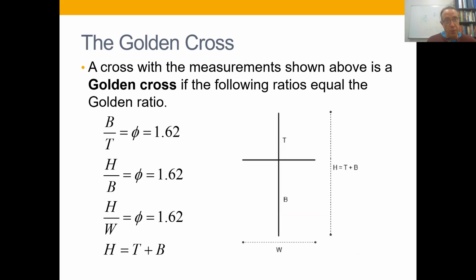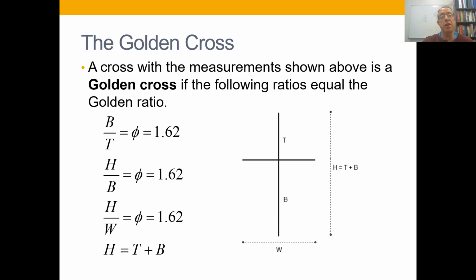So moving from the golden rectangle to the golden cross. The idea of the golden cross, again, is based on the golden ratio, but as you can see in the three formulas, if you divide the cross into top, bottom, width, and height, what happens is if you divide the bottom portion by the top portion, you get the golden ratio.